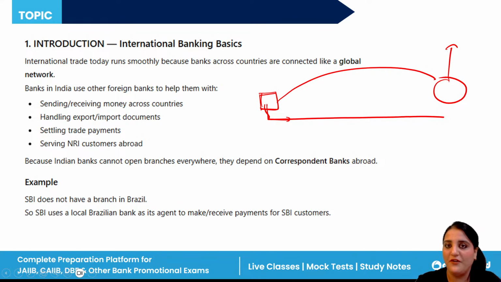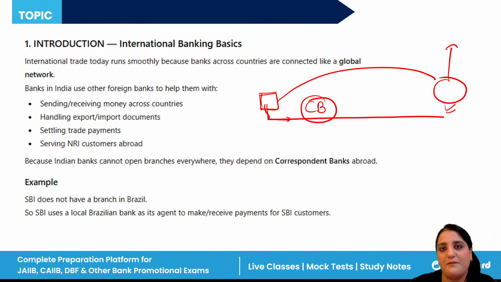I will pay you a fee. Another bank agrees to this. That is the concept of correspondent banking. Everywhere, every branch is not possible, so in that case the concept of correspondent banking is there, right? Is that clear? Okay.